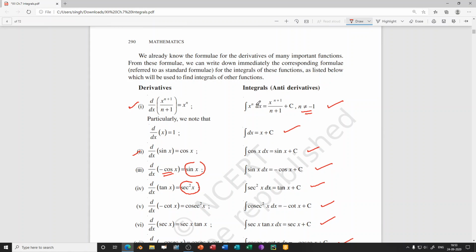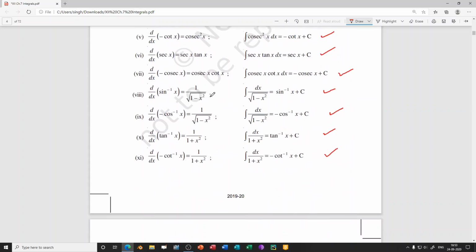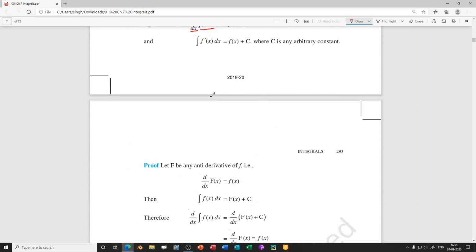We can see that the exponent of x is n, and the result is x raised to n plus 1 over n plus 1. The exponent n plus 1 means the exponent has been increased by 1. Whereas in differentiation, the exponent n plus 1 is reduced by 1, because n plus 1 minus 1 is n. So this is the difference between differentiation and integration.